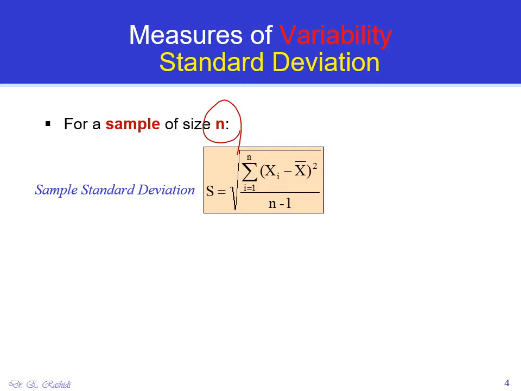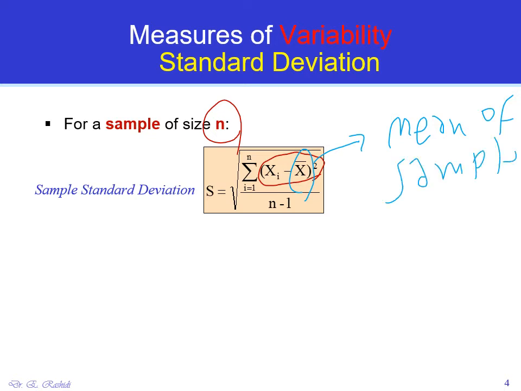So it's equal to the square root of the summation of the squared deviation from the mean. This right here is x bar. As you know, x bar is the mean of the sample. And then we divide it by n minus 1, and we get the square root of all of that value. Why do we divide it by n minus 1 and not n?